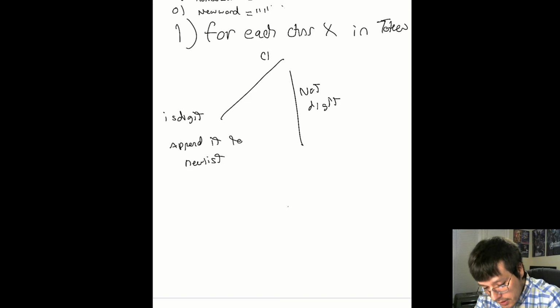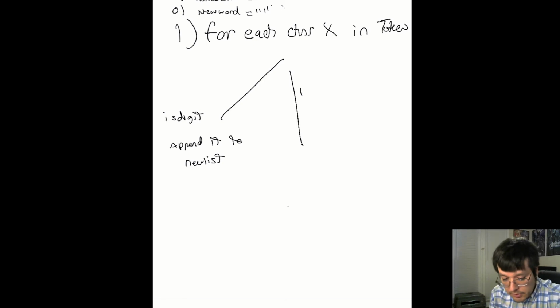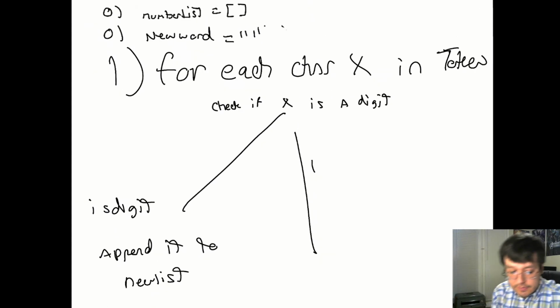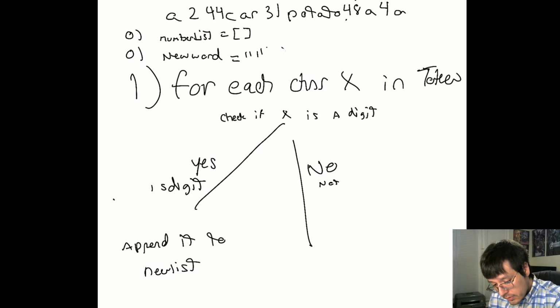So this is check if digit. So I'm going to check if X is a digit. And this is my yes, it is a digit, and my no, not digit.